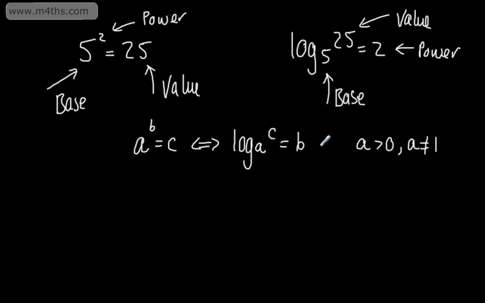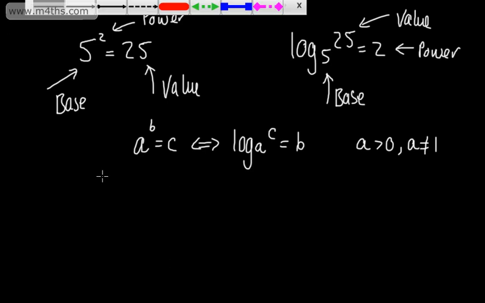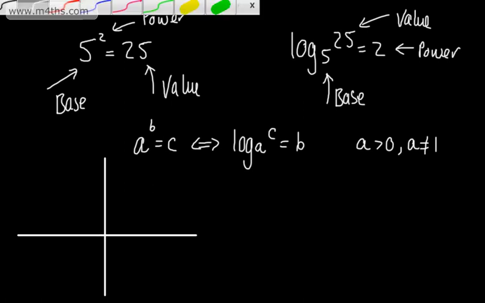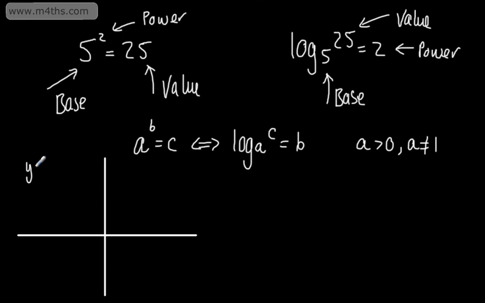So let's look at this and the relationship between the two. These are inverses. So what we'd have now, if we had it graphically, is the following. We could have an exponential curve, and that exponential curve, let's do y is equal to 2 to the power of x. That would come round like so and come up and get very steep very quickly.